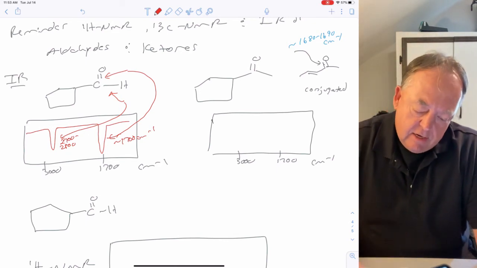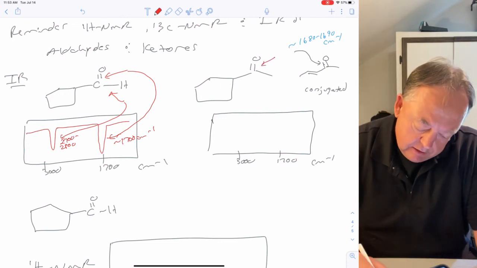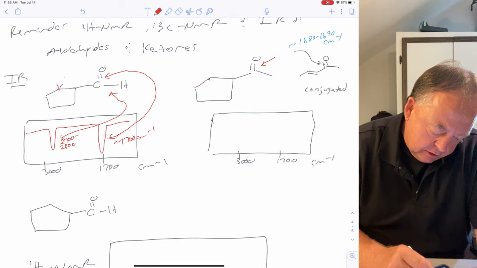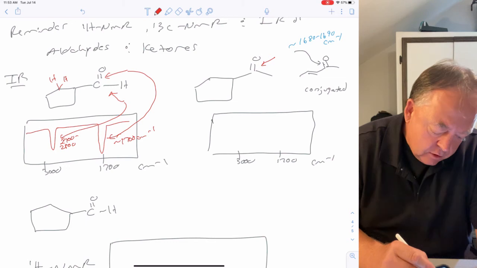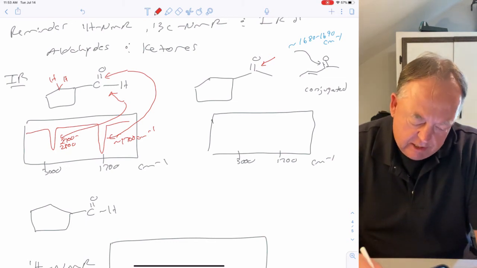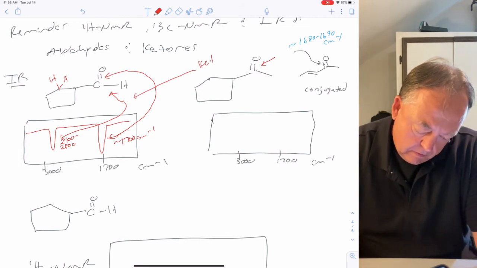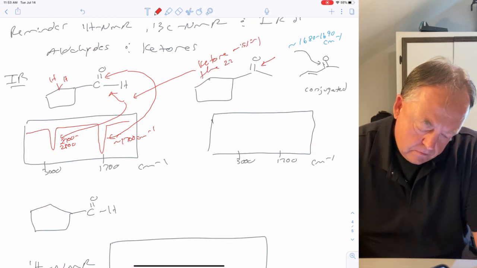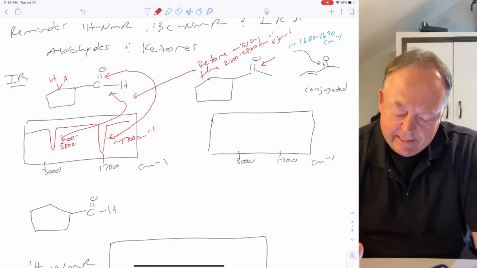And if you have a ketone instead, then you don't have the CH stretch for the aldehyde anymore. You just have the C double bond O. Of course, you would see these CH stretches as well, right? But those are at a different spot. So those are around 2900. So the point is, the ketone is missing the 2700 to 2800 signal, so you can differentiate between an aldehyde and a ketone that way.